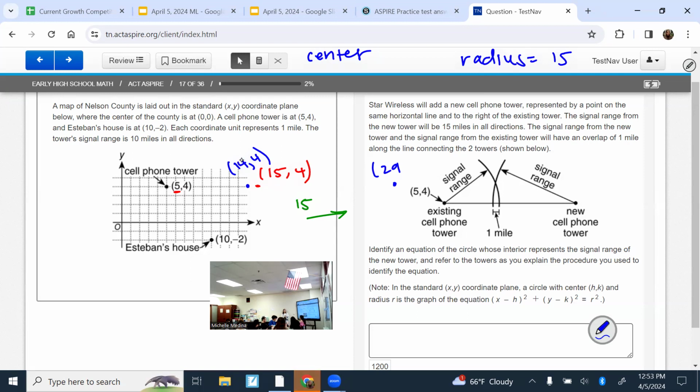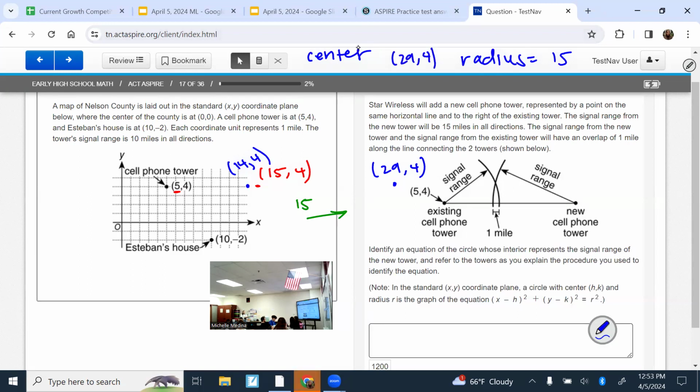We went 15 to the right of this edge. And it said it was on the same horizontal line, so it's still gonna be like the y. Okay, so that was what you were trying to figure out, what the center of your new circle would be.